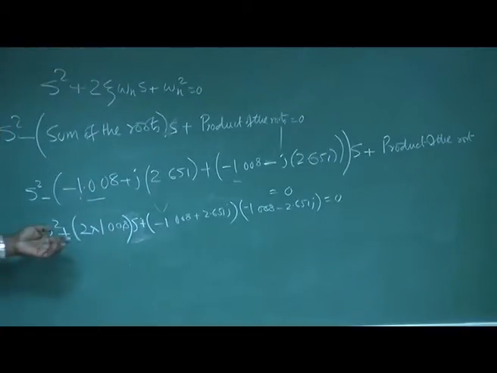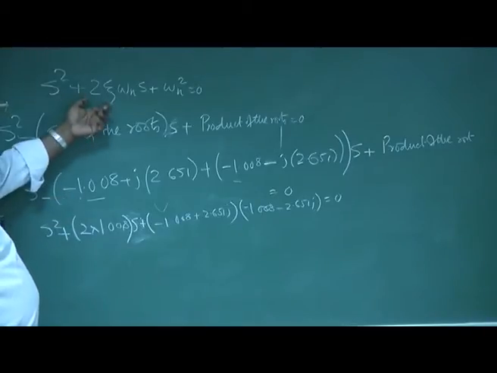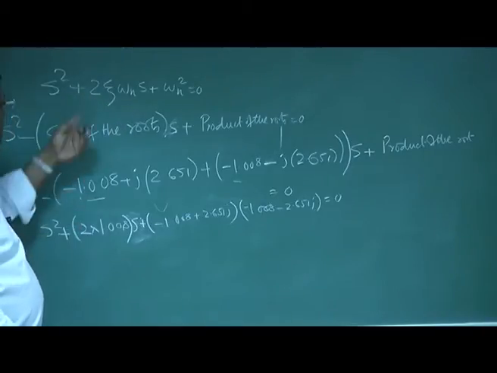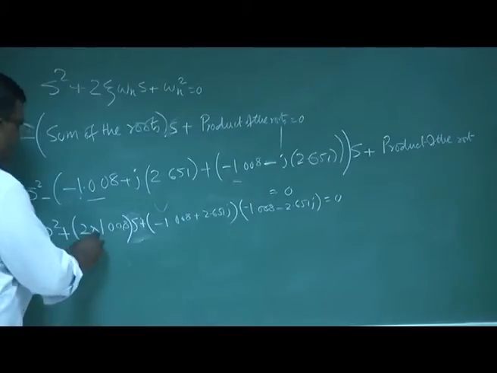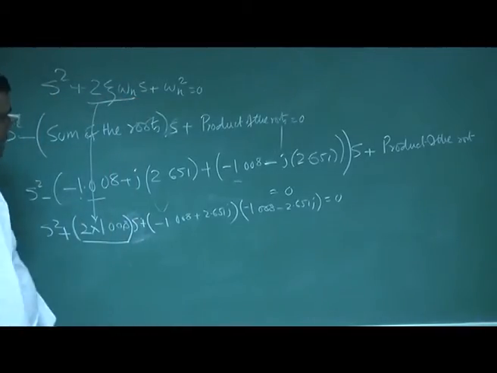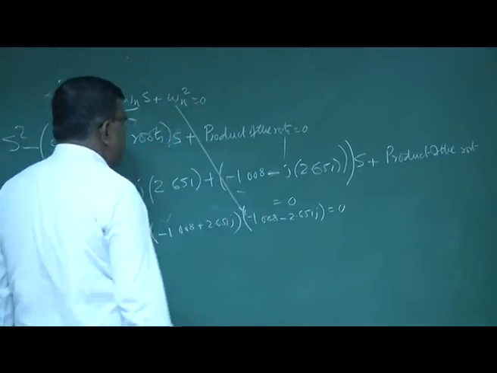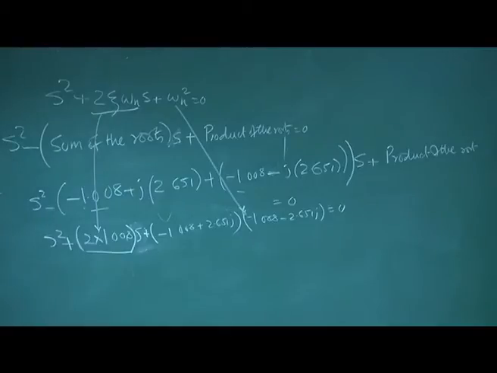So I know I have to compare this with the standard equation: s square plus 2 zeta omega n s. For 2 zeta omega n, I will write it equal to this term, and omega n square I will compare with this product. It is a plus jb into a minus jb, which equals a square minus jb whole square, that is a square plus b square.